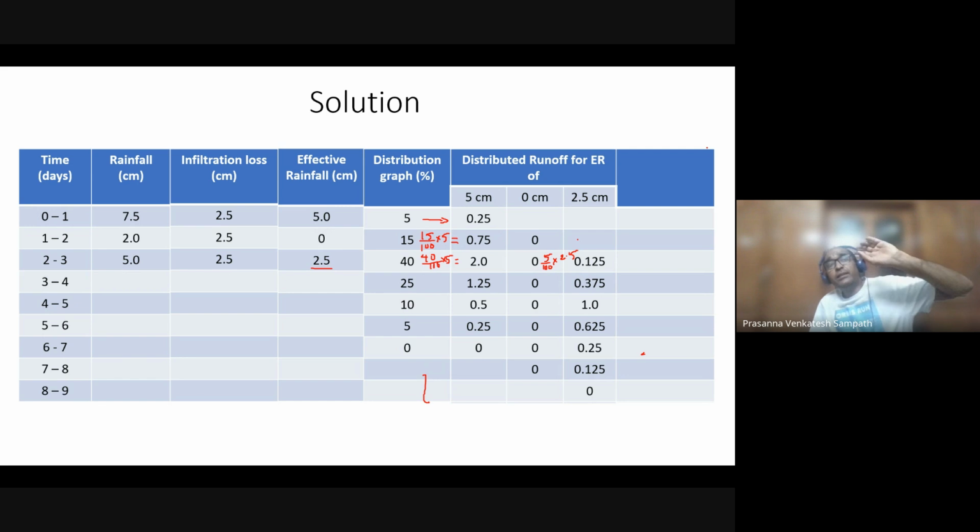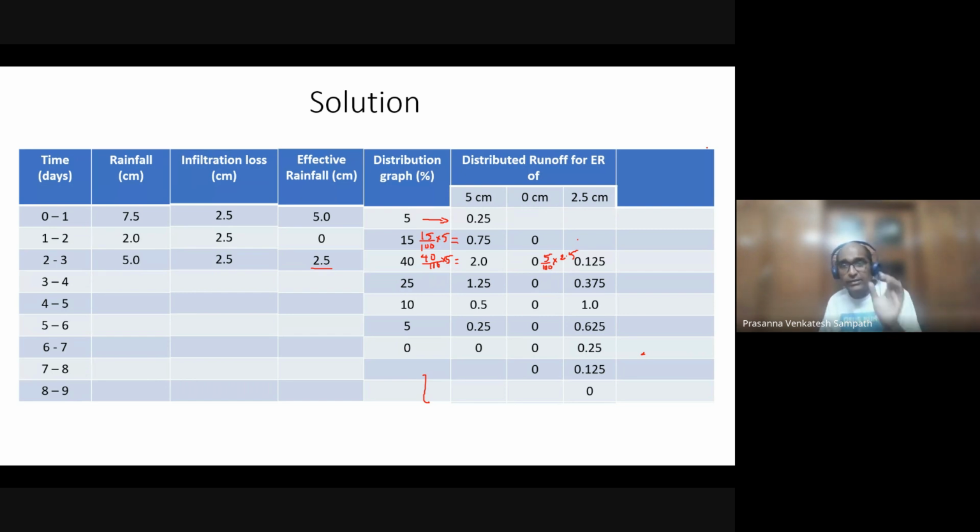If I take the depth of runoff on the first day, 0.25 centimeters, and multiply that by the area of my catchment, that should give me the volume of runoff produced on the first day. Correct? So if the volume of runoff produced on the first day is known, if I divide it by the number of seconds on that day, so I have meter cube of runoff, if I divide that by the number of seconds on the day, that will give me the average rate at which runoff was produced on that day. Yes?